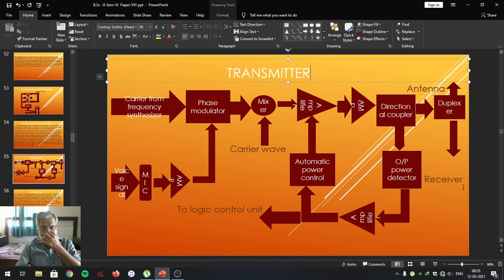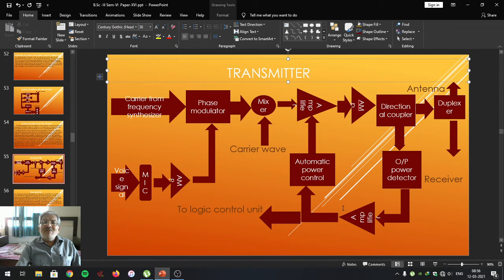Sometimes, to control the power of the transmitter, the signal from the directional coupler is picked up by the power detecting circuitry. So the detected power is amplified again by means of an amplifier.